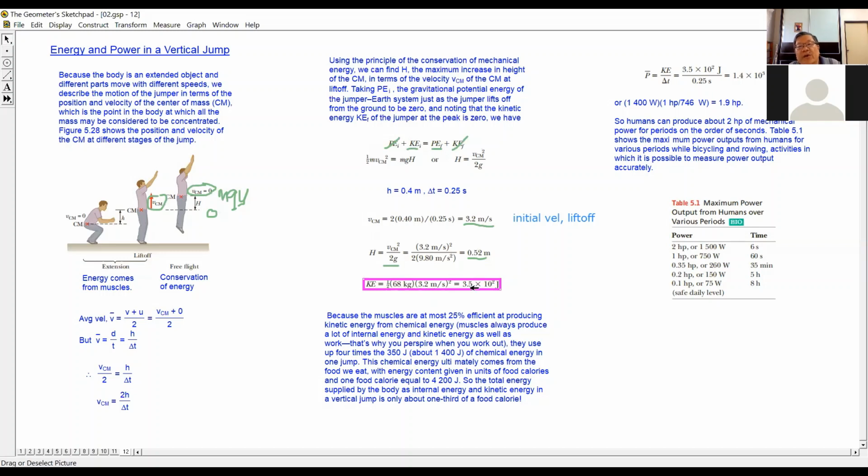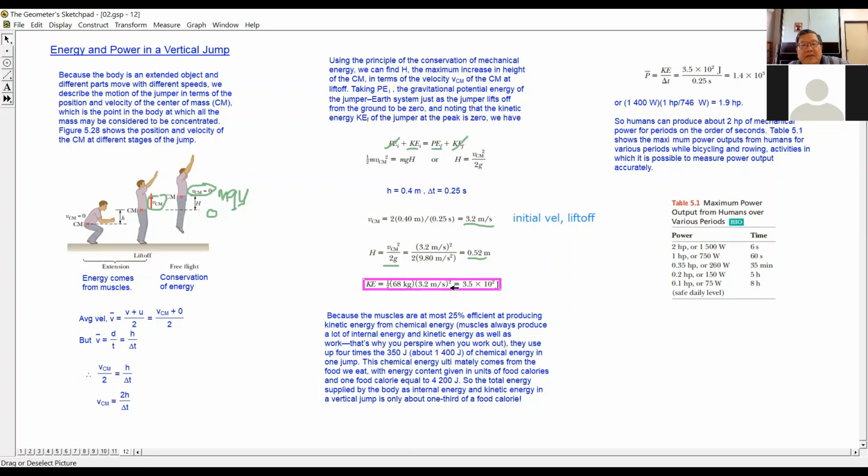So half mv squared is 3.5 times 10 to the power of 2 joule. So actually this is 350 joule. This 350 joule comes from the chemical energy in the body converted into kinetic energy. But this is the useful energy. Useful energy means the energy that is converted into kinetic energy.